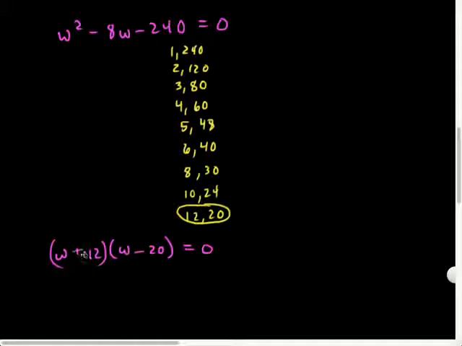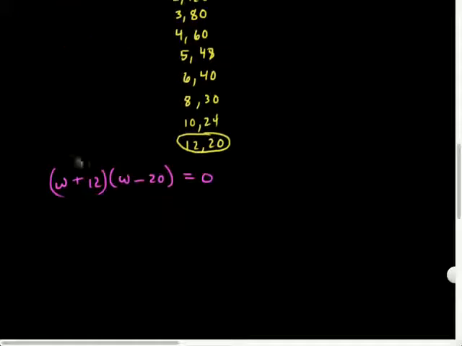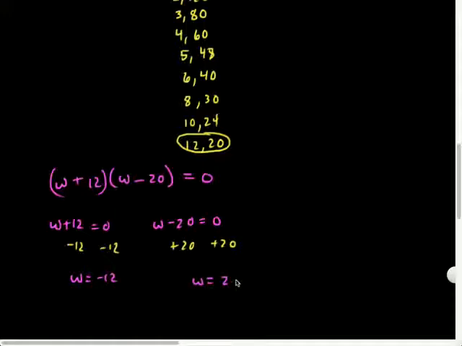So that would be a negative and that would be a positive. Set both of these equal to 0 and solve: w plus 12 equals 0, w minus 20 equals 0. Solve it, friends. Minus 12, plus 20. Here we go. w equals negative 12 and w equals 20.